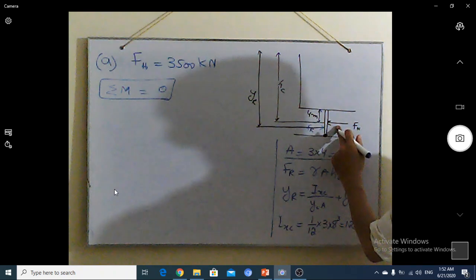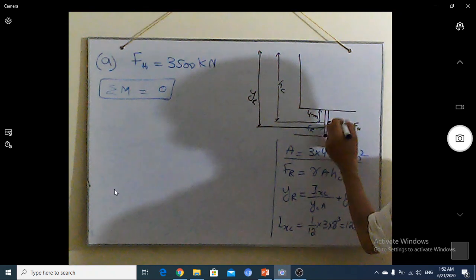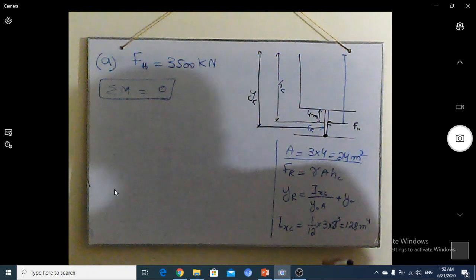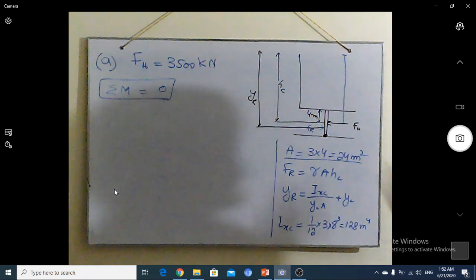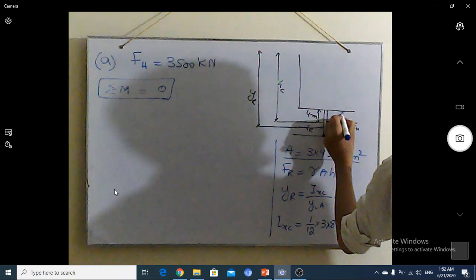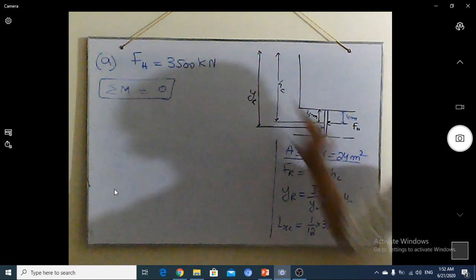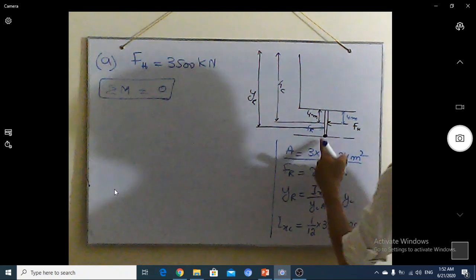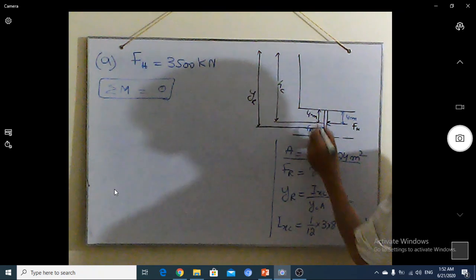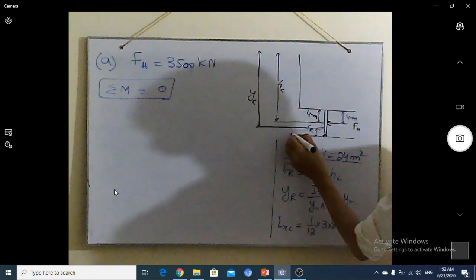FH is applied on this surface with this complete arm, which equals 4 meters. On the other hand, the liquid applies pressure and its arm is about the gate opening. We don't know it, so let's say this length is L here.